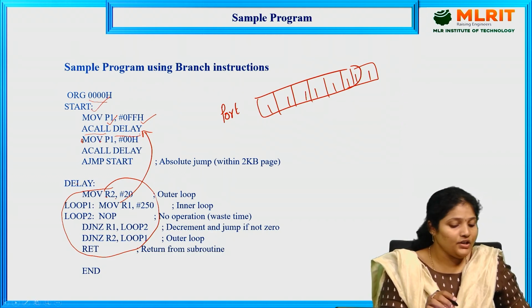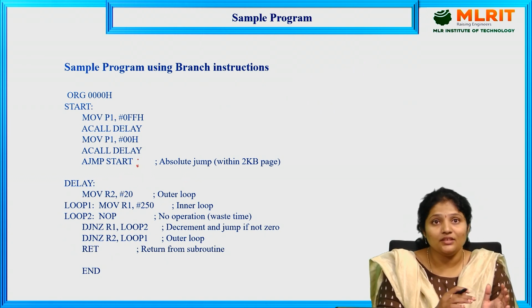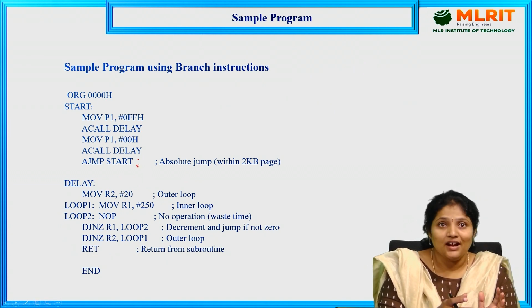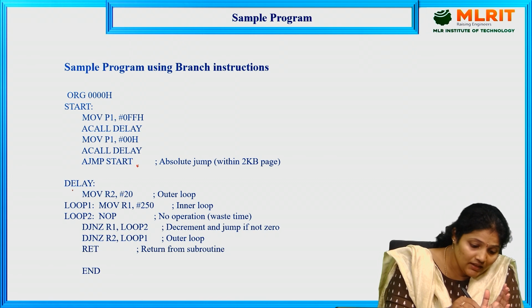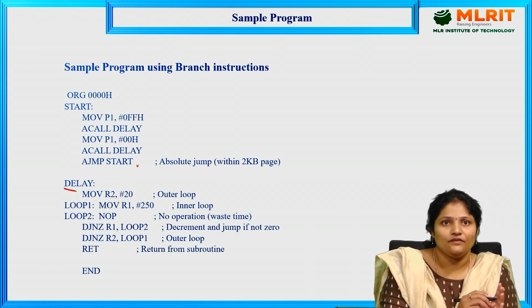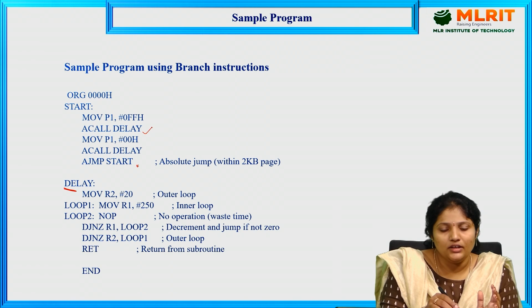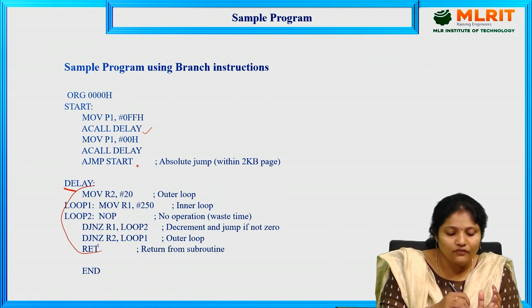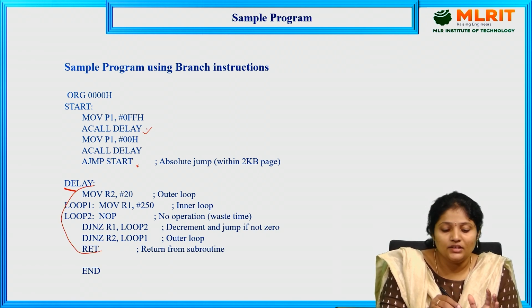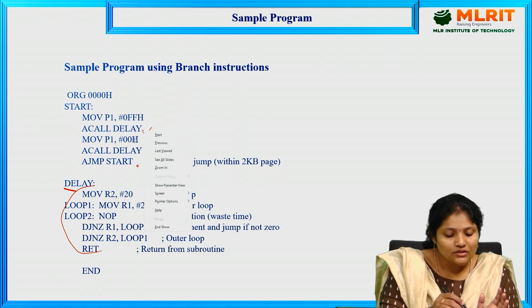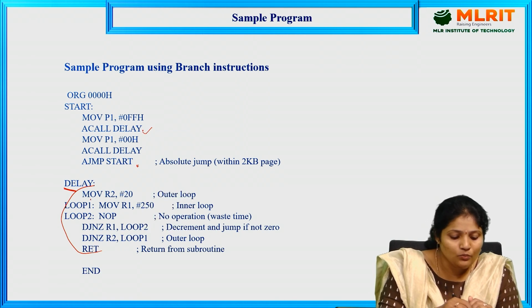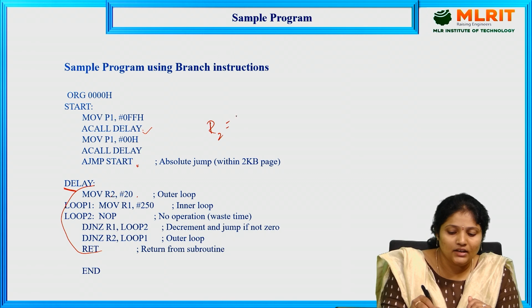But if we are using jump, the controller will start executing from that address itself. So if we use a call to delay, this particular set of instructions will be executed one time. Here I have mentioned MOV R2, 20. So R2 is filled with the data 20.